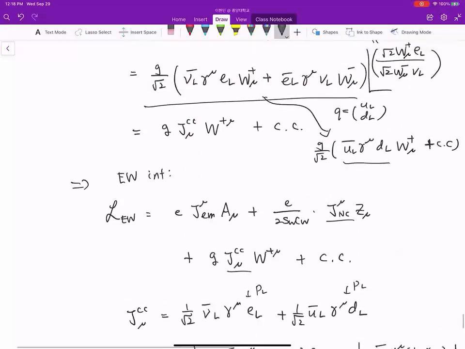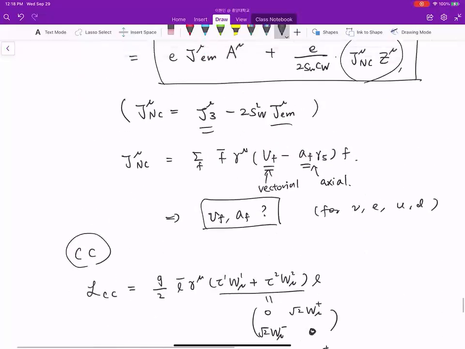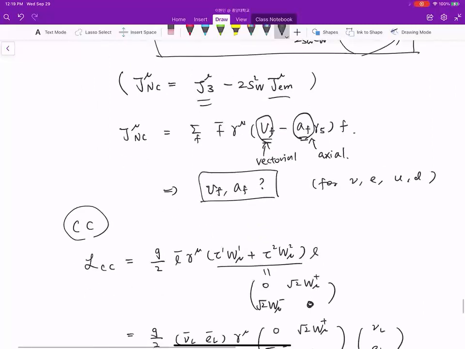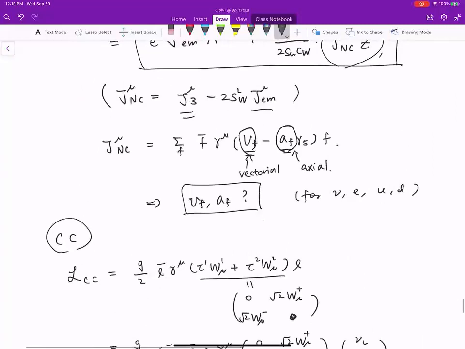For the neutral current, on the other hand, as you can see, this is V minus A only if V and A are equal. But this coefficient, maybe I can tell you, maybe only for neutrinos, okay? Quarks are more complicated, so neutrino.